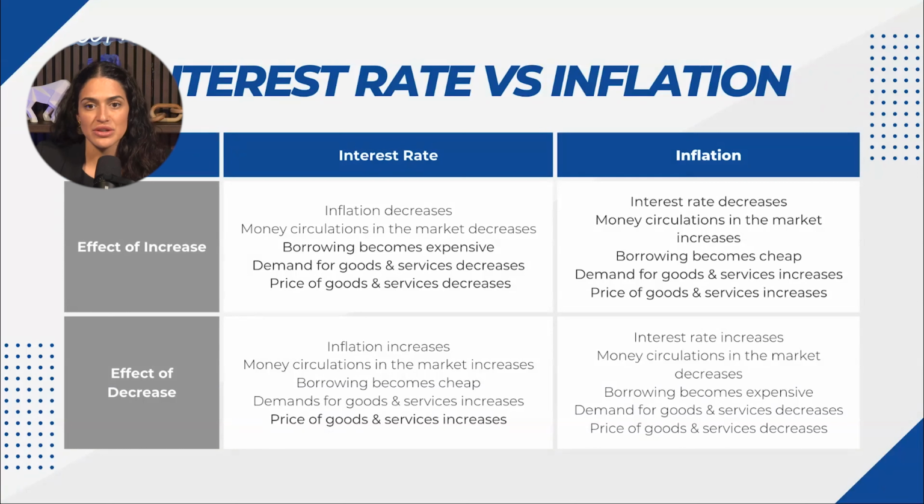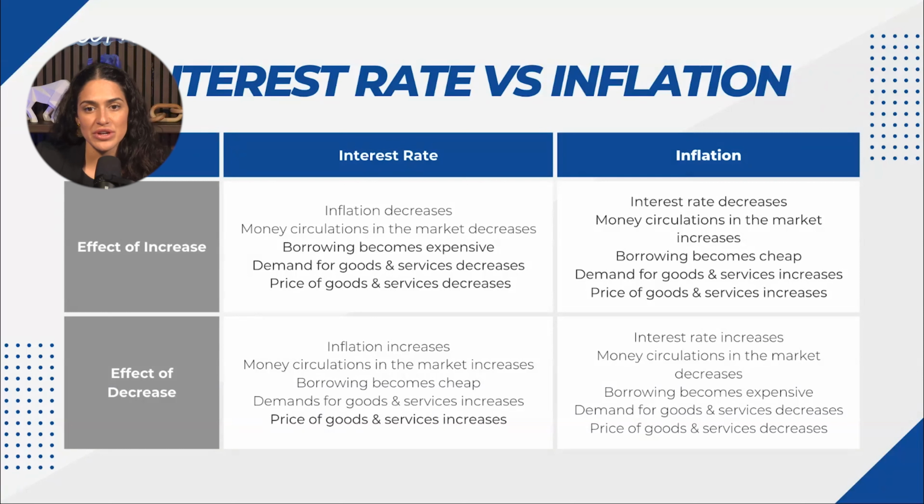In addition, if there is more money in circulation, as I mentioned, that causes demand to increase and therefore prices to increase. And inversely, if inflation were to decrease, then we would potentially start to see interest rate increases because it means that we have room to increase those interest rates.